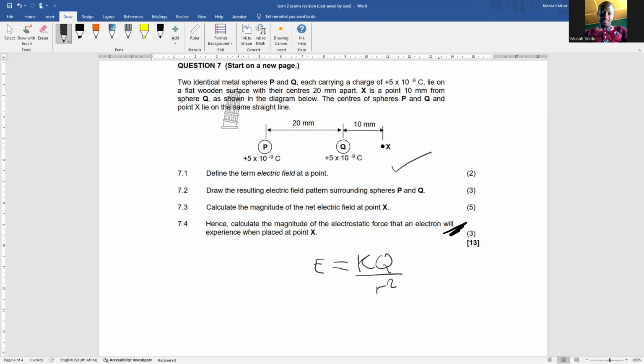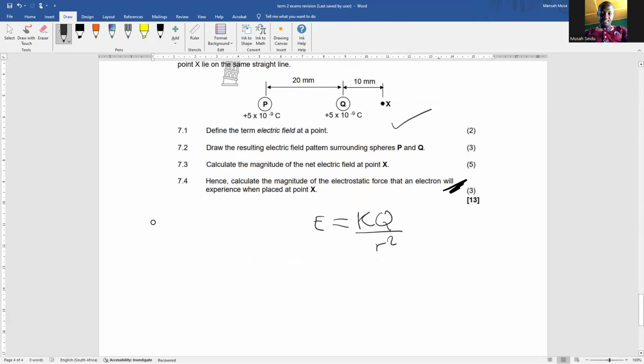Okay, so draw the resultant electric field pattern surrounding spheres P and Q. We've also drawn the electric field pattern, and we said that once we have two charges which are the same charges, they repel each other. So we have to show the charges moving away, repelling each other.